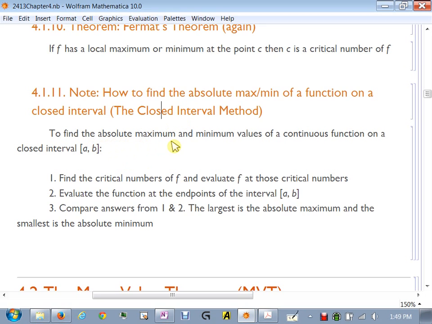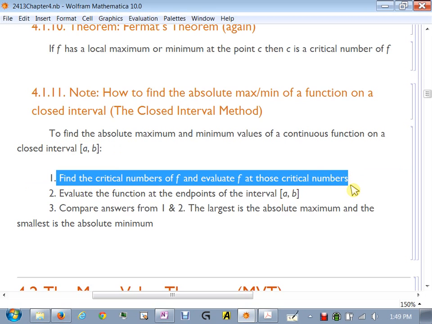To find the absolute maximum and minimum values of a continuous function, it has to be a continuous function, because if it's not continuous, Fermat's theorem doesn't hold, and so you don't have anything. So you've got to have a continuous function on a closed interval [a, b]. First thing you're going to do, find the critical numbers of f. How do you find the critical numbers of a function?